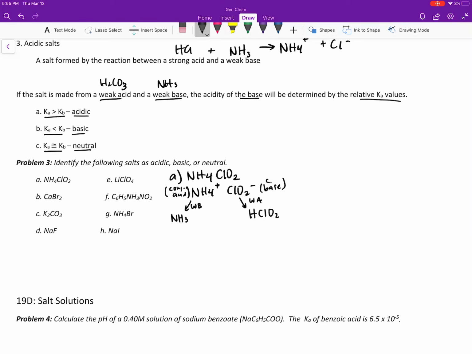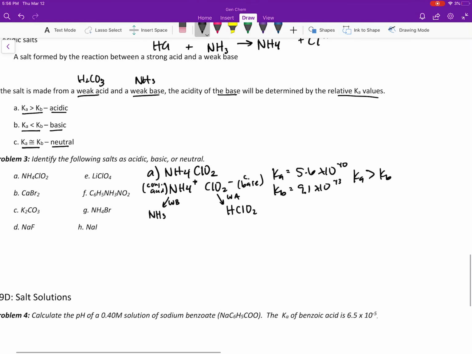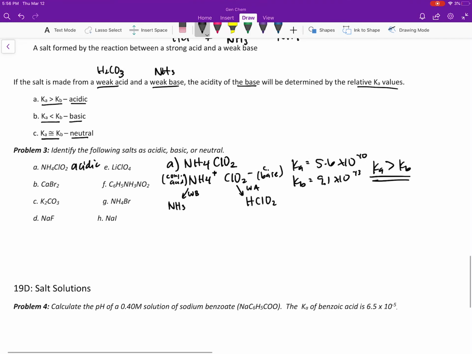Because they're weak and weak, we need to compare the Kas and the Kbs. In this case, the Ka is equal to 5.6 times 10 to the negative 10th. Kb is equal to 9.1 times 10 to the negative 13th. In this case, Ka is greater than Kb, which means that this salt is considered to be acidic. So that's this last rule at the bottom.